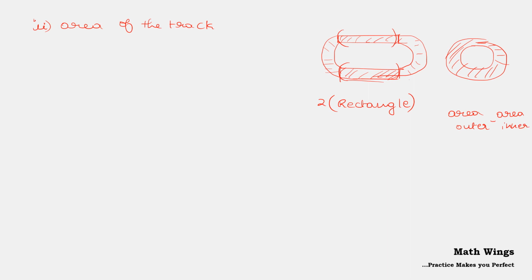What's the area of a rectangle? Area of rectangle is length into breadth. What's the length? Length is 106 meters and breadth, or we can just take it as width, is 10 meters.